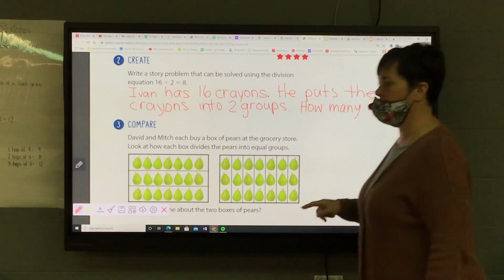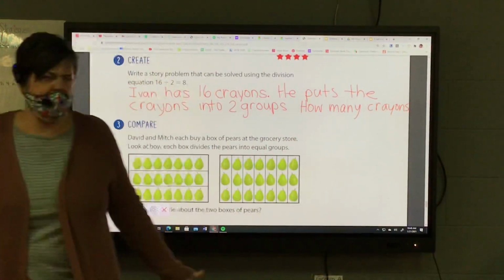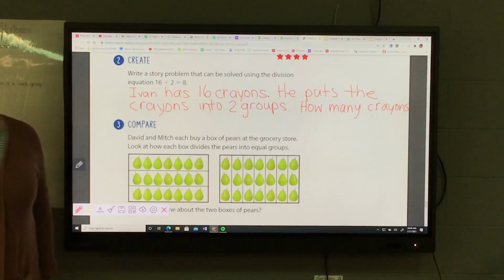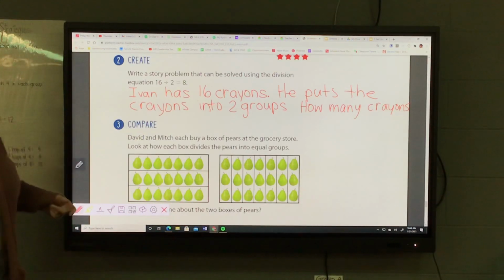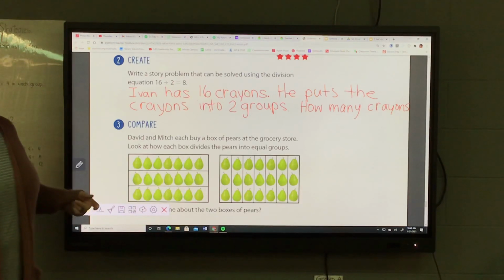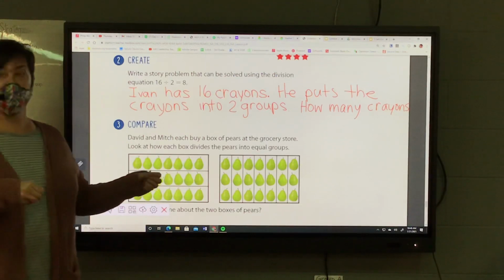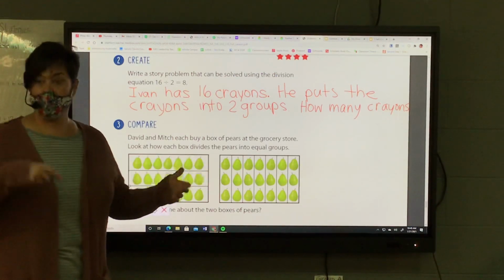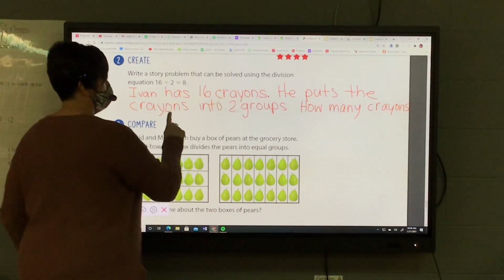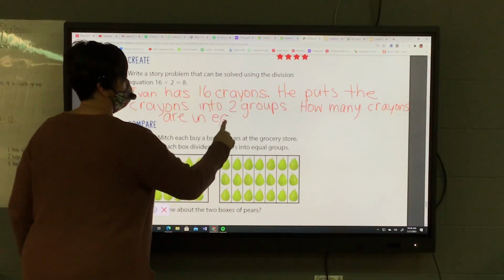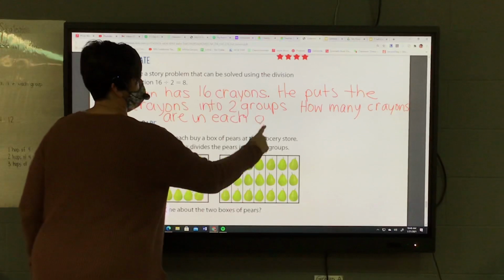How many crayons, what would we ask? We have 2 groups. Reese, what are you thinking? How many crayons does Ivan have? How many crayons are in each group? Right. How many crayons are in each group?